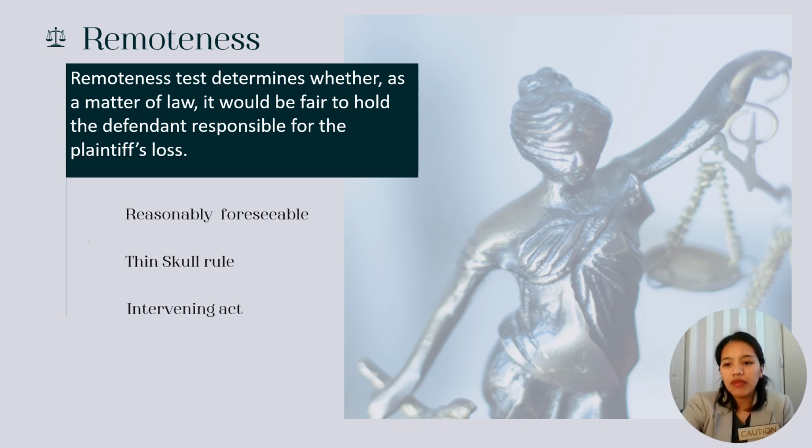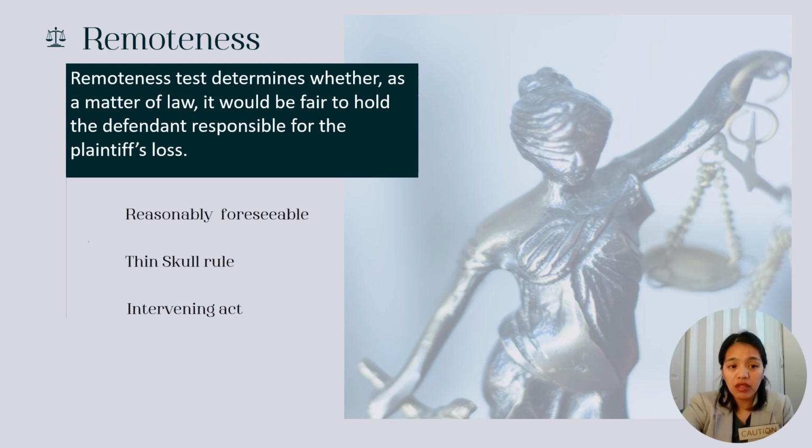Moreover, if the harm suffered by the plaintiff could have been reasonably anticipated, it doesn't matter if the specific way it happened was different. So the remoteness test determines whether, as a matter of law, it would be fair to hold the defendant responsible for the plaintiff's loss.